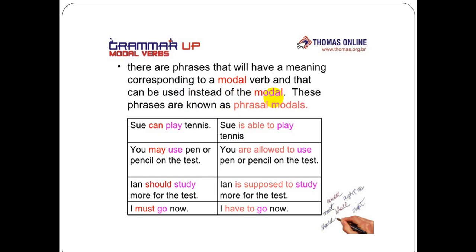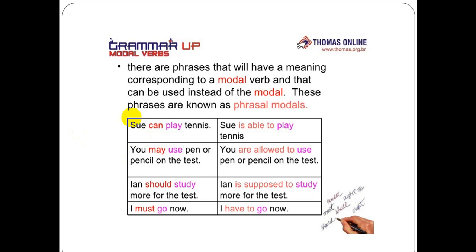These phrases are known as phrasal modals; we call them modal phrases. For example, "Sue can play tennis." Instead of can, with the same meaning, the phrasal modal is "able to." "Sue is able to." So can equals the verb to be plus able to: am, is, are plus able to.